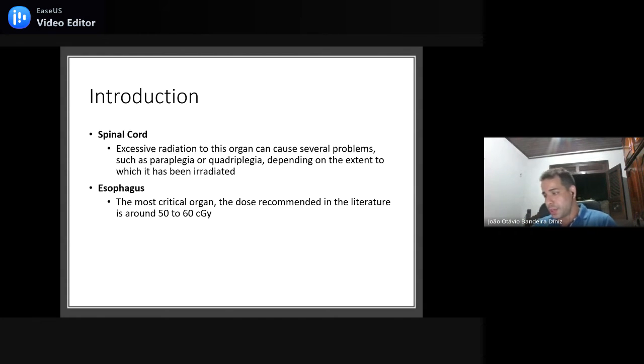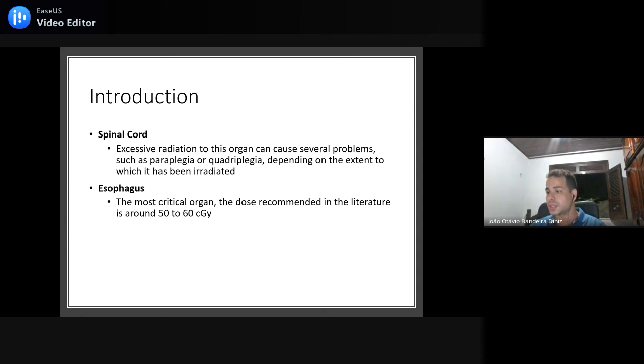For our work, we propose the segmentation of two organs at risk. These two organs are the spinal cord and the esophagus. Why did we choose these? The spinal cord is a very important organ, and a lot of radiation in this organ can bring several problems, like paraplegia or quadriplegia, depending on the location where the organ is irradiated.